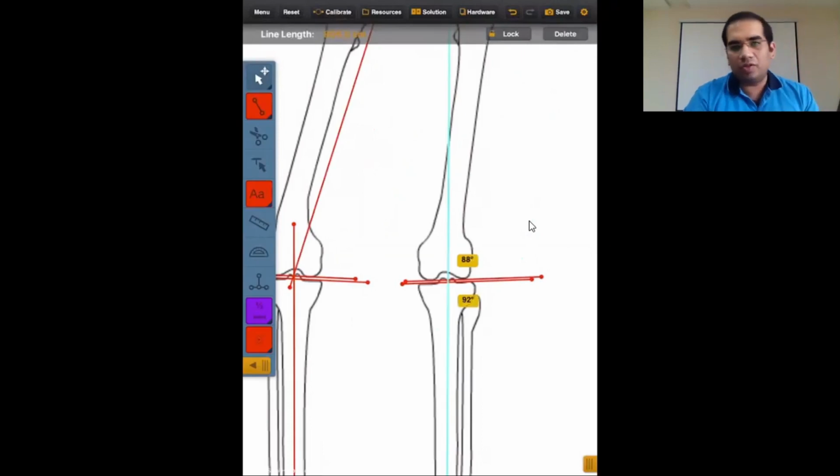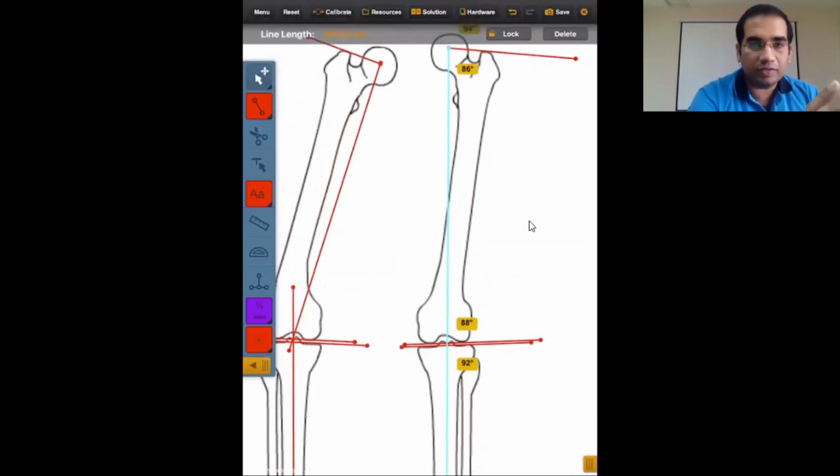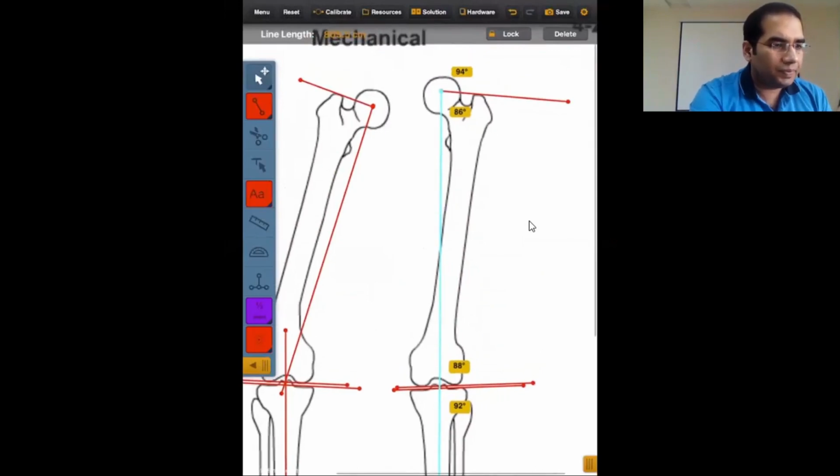Whatever is on the normal side, we have to replicate that. This is our aim. 88 degrees is usually the population mean as well. But if it were 86 degrees, then our aim on the other side would have been to achieve 86 degrees. Okay. The lateral proximal femoral angle here is 86 degrees. So the reference value for us here is 86 degrees.